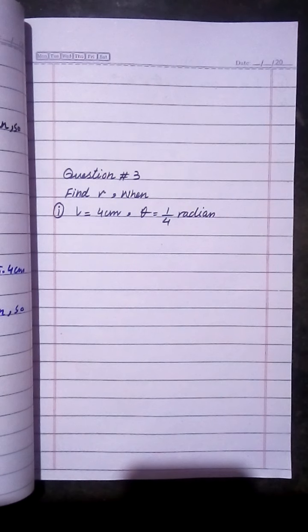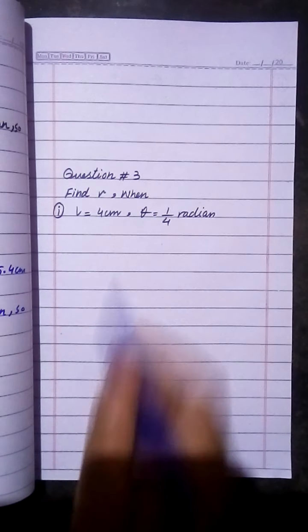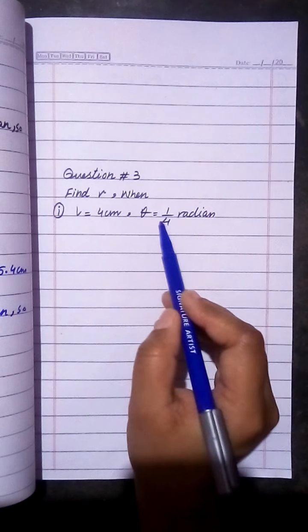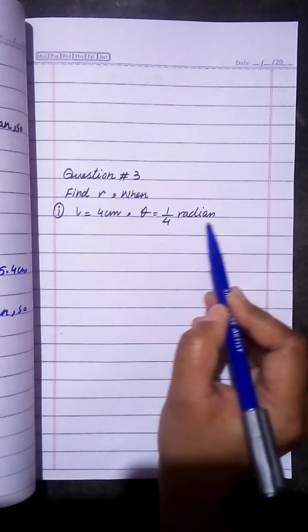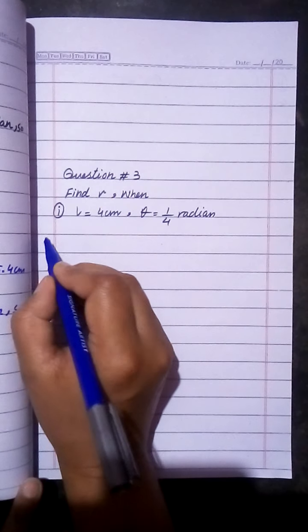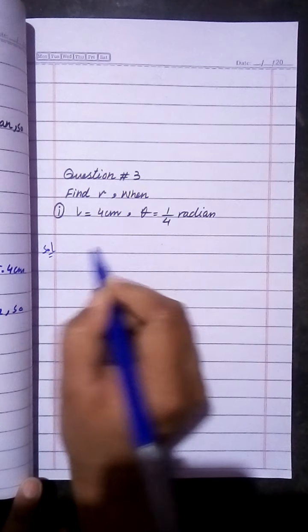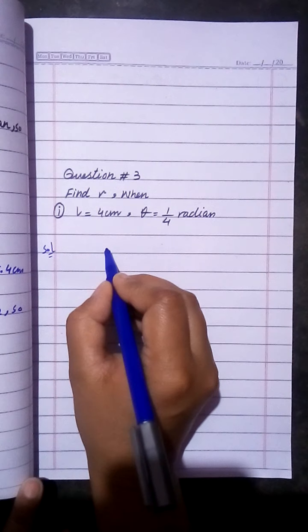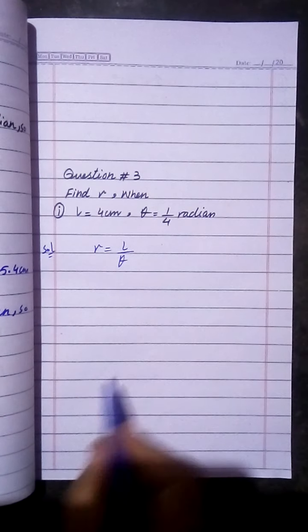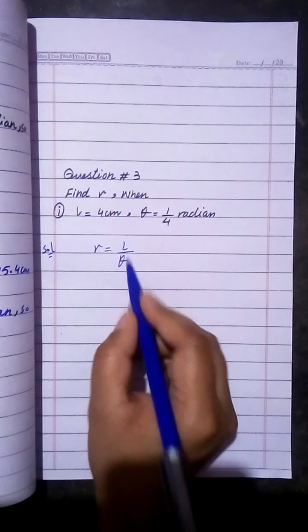Now in question number 3, find radius when length equals 4 centimeter and theta equals 1 by 4 radian. Check that theta is given in radian form, so no need to convert into radian. Now you have to put the formula here. You are going to find the radius, so put the formula of radius. So radius equals length by theta.